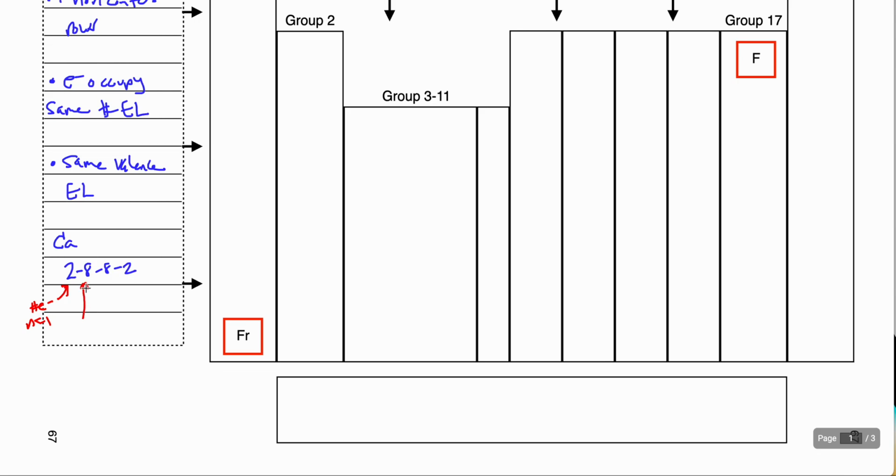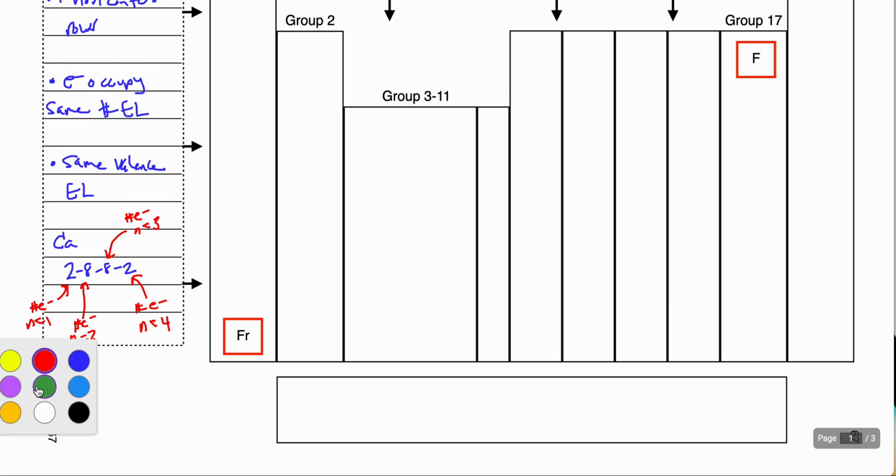The second number, the 8, is your number of electrons in energy level 2. This second 8 here is your number of electrons in energy level 3. And this last digit is the number of electrons occupying energy level 4.